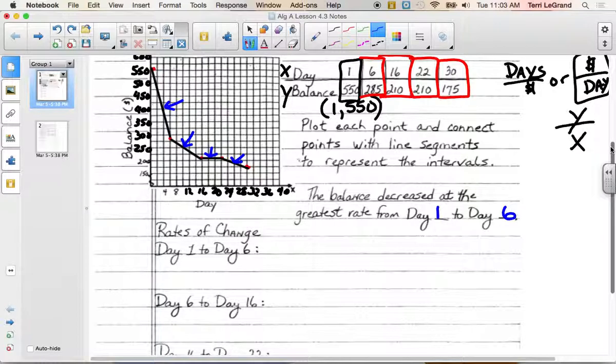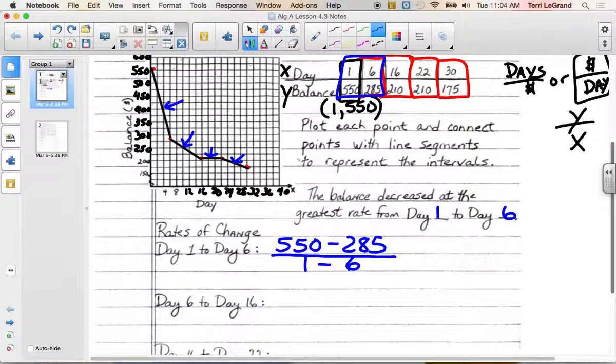Okay, so remember, we have to work with the y's upstairs. Over the first interval of time, let's start with 550, subtract 285. Start with day 1, subtract day 6. Stay in the same order. We're talking about that interval of time right now.